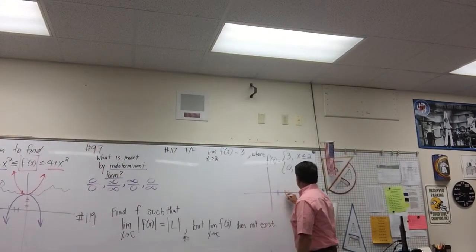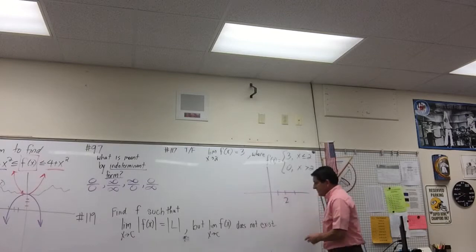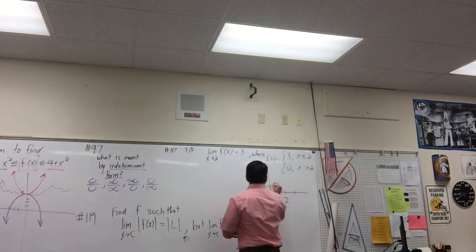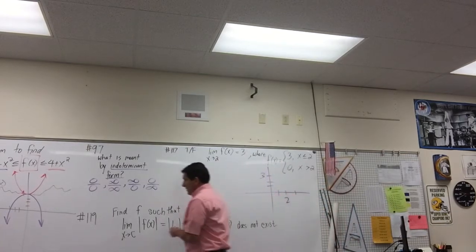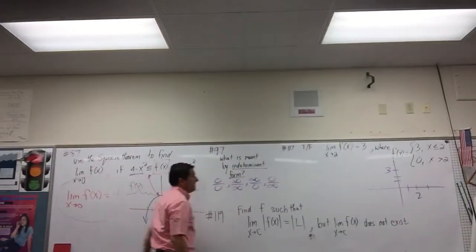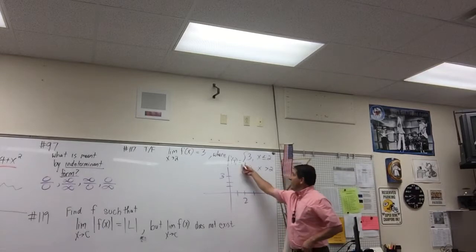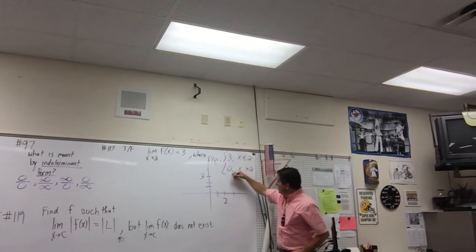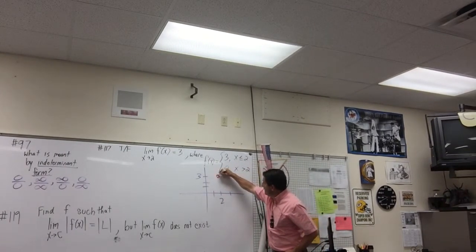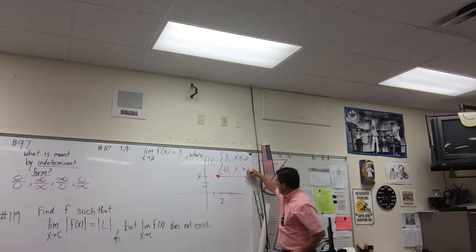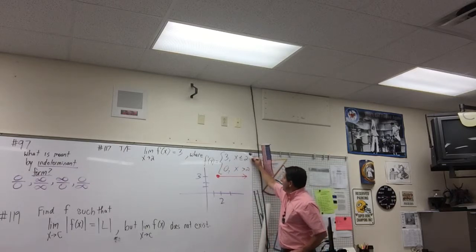So x equals 2 here, and we graph y equals 3 when x is less than or equal to 2. So that's this one.